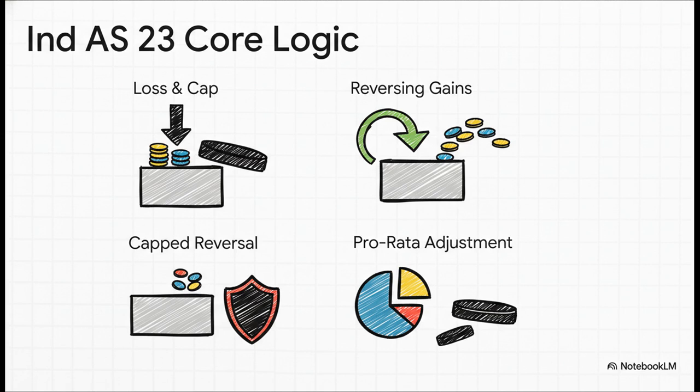Second, if you have gains later on, you have to use them to first reverse any losses you previously capitalized. Third, that reversal is also capped by the original loss amount. And finally, if you repay part of the loan, that cap needs to be adjusted proportionally. That's it. That's the whole standard in a nutshell.